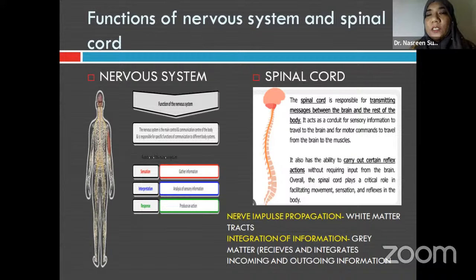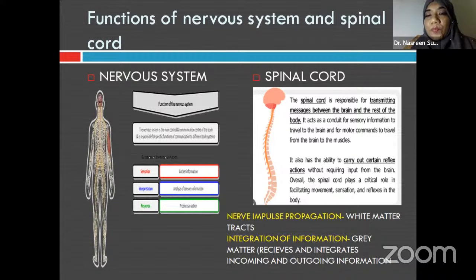So it is responsible for transmitting messages between the brain and the rest of the body. Okay. So it conducts sensory information towards the brain, and then it gives some command to show the action. Okay, and the important thing is, it is involved in reflex action. Reflex action is a sudden involuntary action.